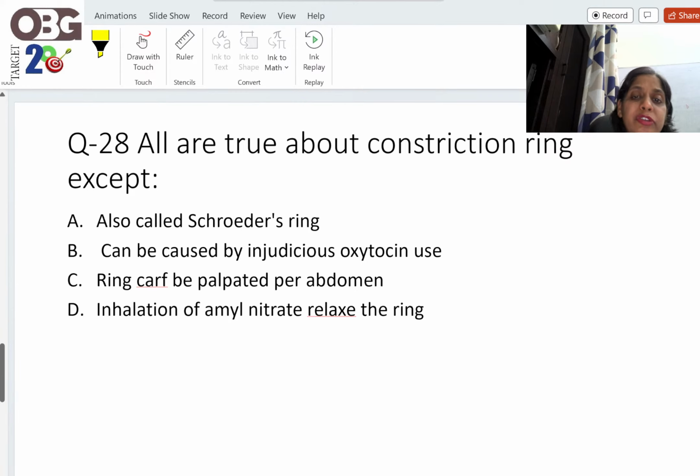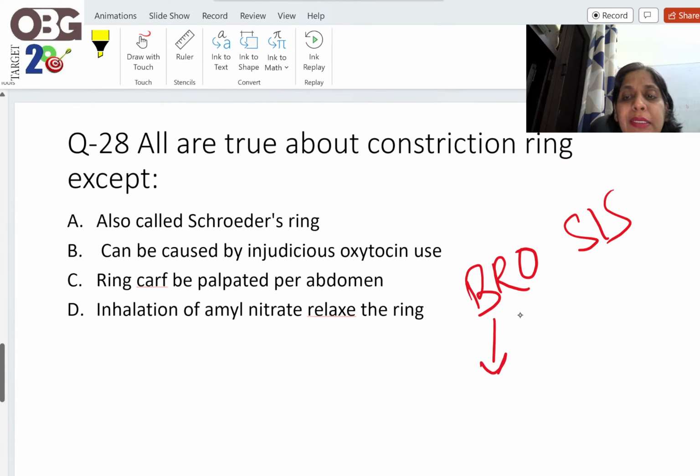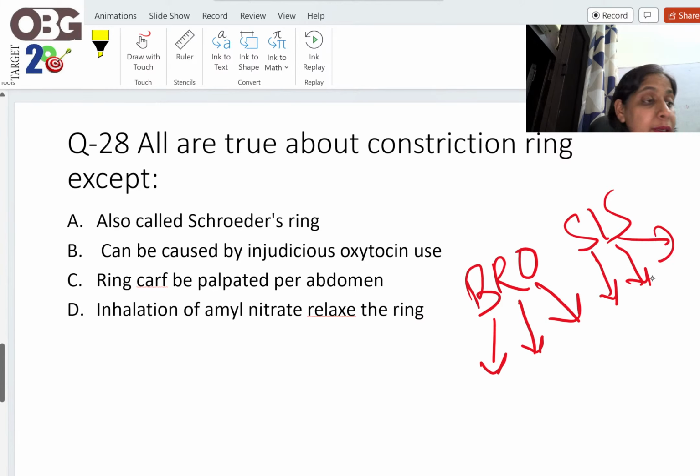All are true about constriction ring except. This I told you yesterday also. You have to remember bro-cis. Bro means Bandl's ring, retraction ring in obstructed labor, and cis is Schroeder's constriction ring, which is physiological.